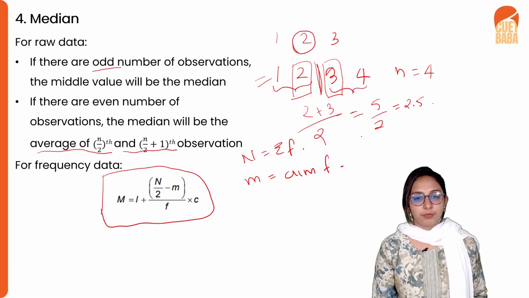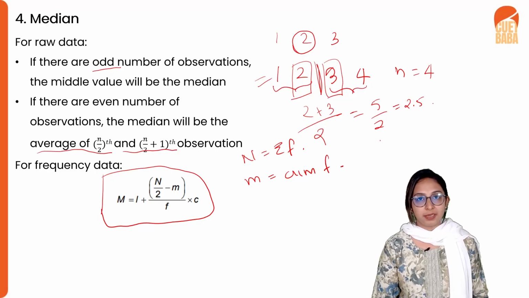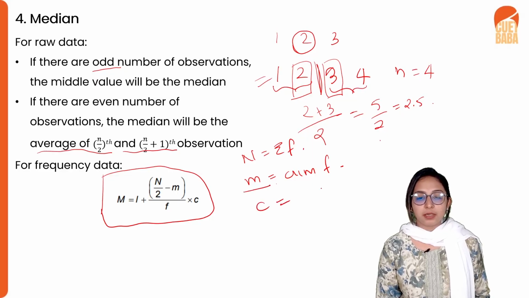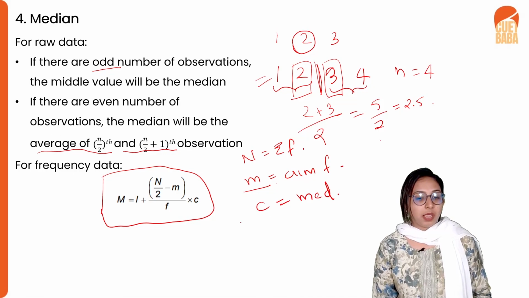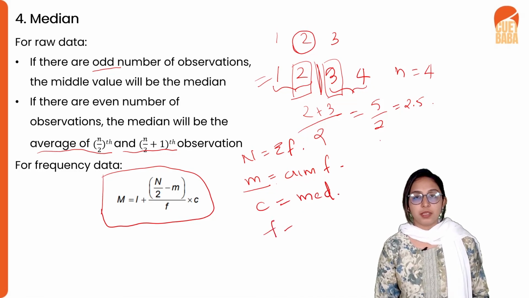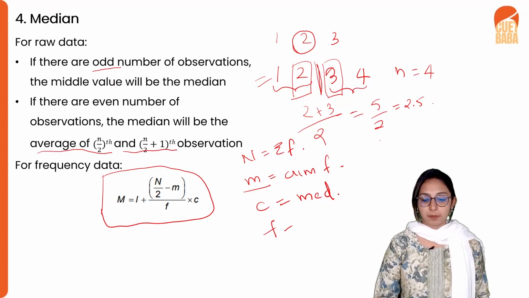Then we will add another column of cumulative frequency and find it up to the median class, and that value will be M. C will be the class interval of the median class, and F will be the frequency of the median class. So using these values we can find the median for frequency data.